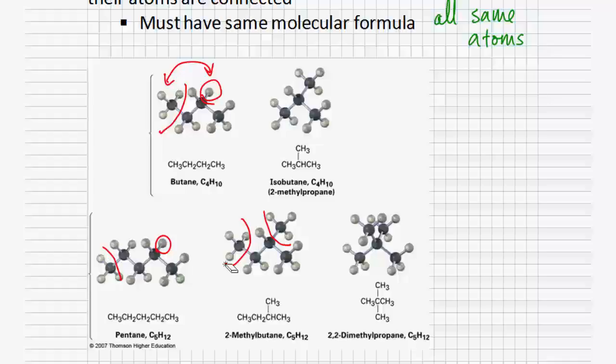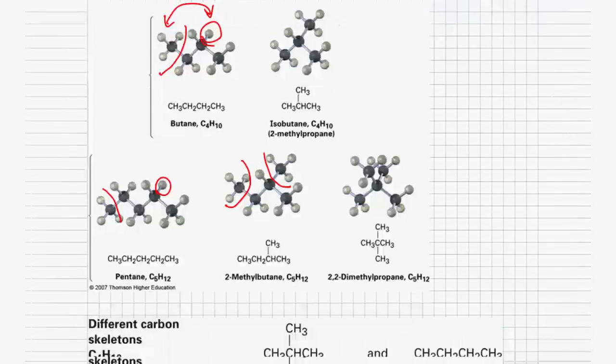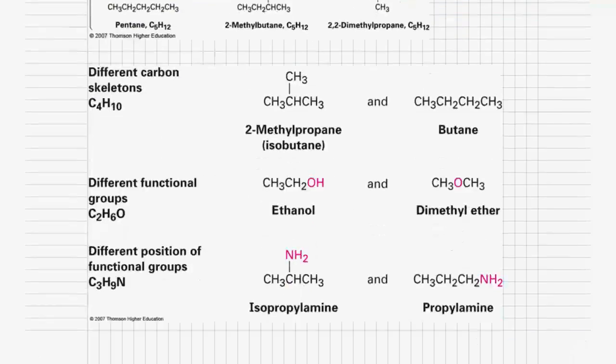So 2,2-dimethylpropane, which we'll have a common name for and a different name for in a little bit, is a compound that has 3 carbons in its longest chain plus 2 carbons branched off of the middle one. Generally, the larger a molecule gets, the more possibilities there are for constitutional isomers. That's just a statistical reality of it.